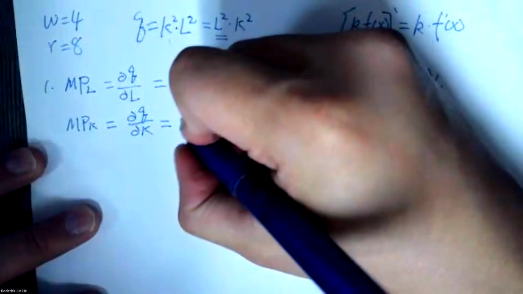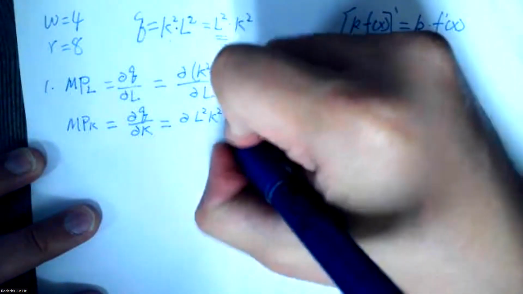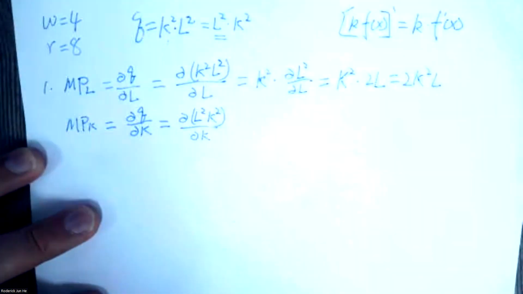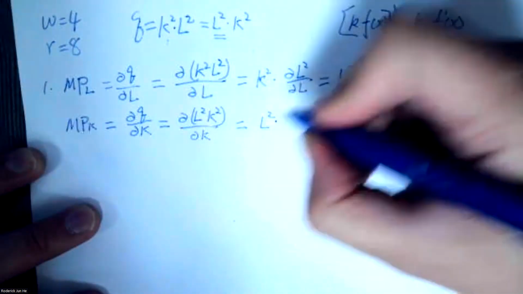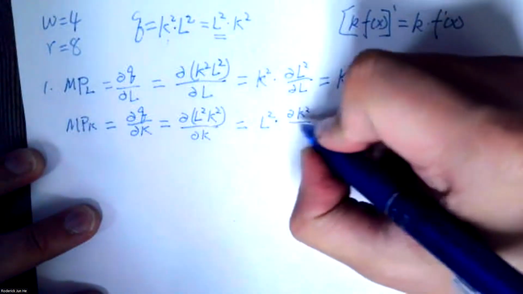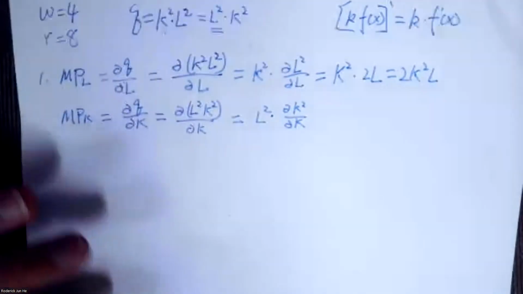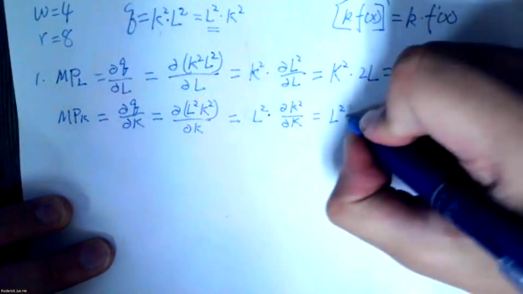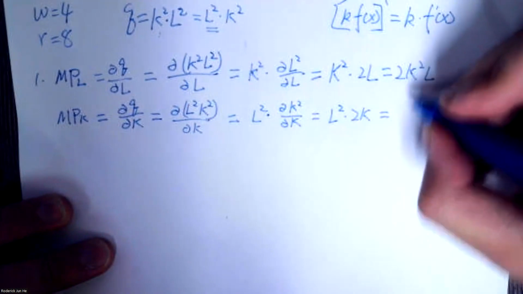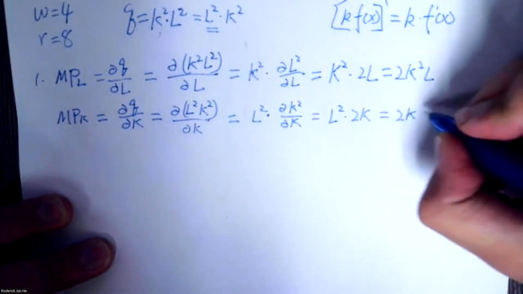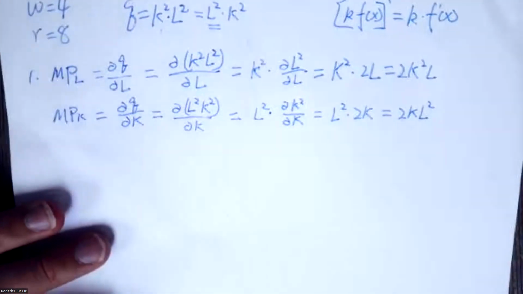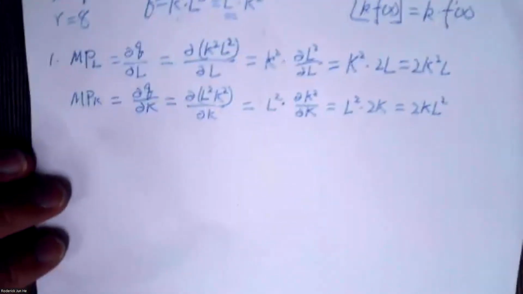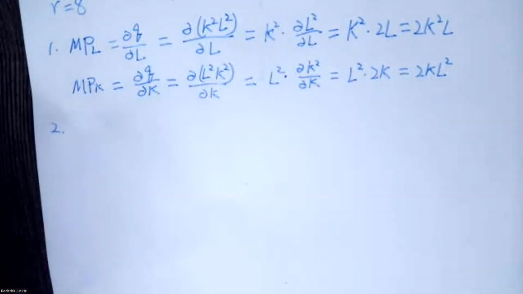It's the partial derivative of L squared K squared with respect to K. We keep L squared here as the constant multiplier, and we look for the derivative of K squared with respect to K, which is 2K. So the total result is 2K L squared. We rearrange the order to be consistent with the above, which will make the following calculation easier.